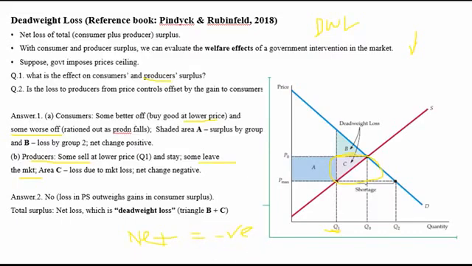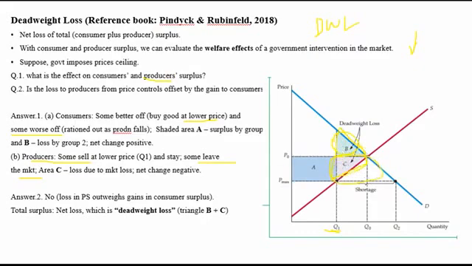So we know that the deadweight loss is the net loss to total surplus, which is consumer plus producer surplus. So the net loss of total surplus will be measured by the summation of this B and C. These two triangles, or this whole triangle.